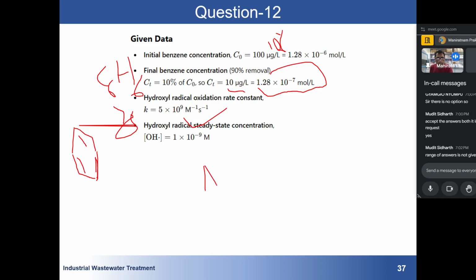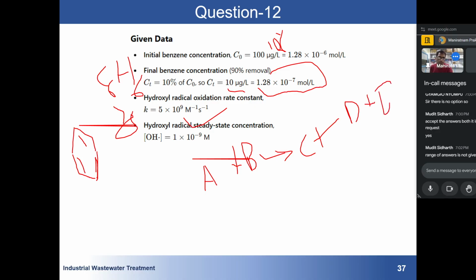Suppose we have a reaction of A plus B giving, say, C plus D plus E, where E is some other term.